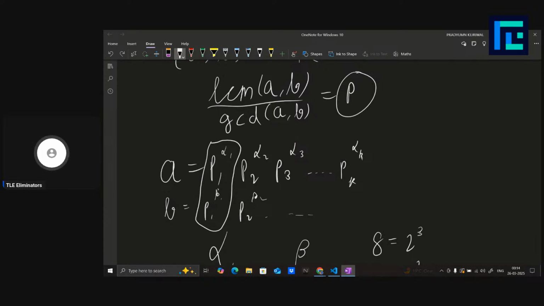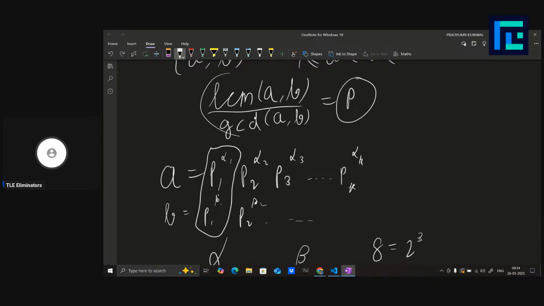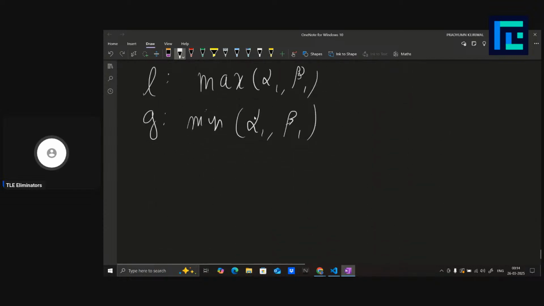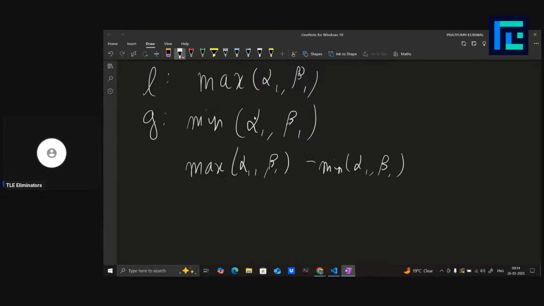The power of prime p1 in this ratio will be max of alpha 1 comma beta 1 minus min of alpha 1 comma beta 1, right? So this is the power of p1.